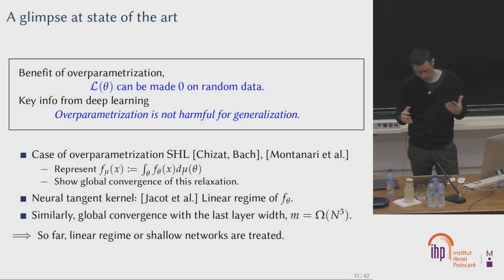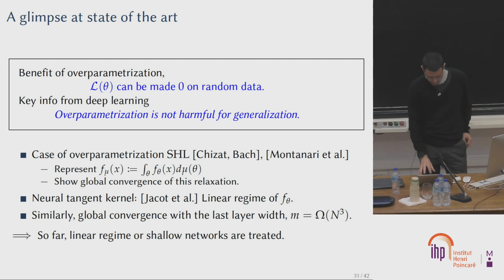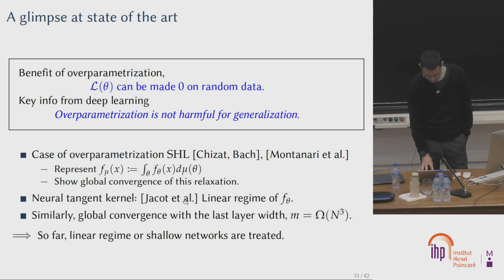And for a proper initialization of the weights, the thetas, the initialization is sufficiently well done so that the optimization scheme will tend to stay in a neighborhood of the initialization, and this is called the neural tangent kernel. So it's a kind of linear regime.